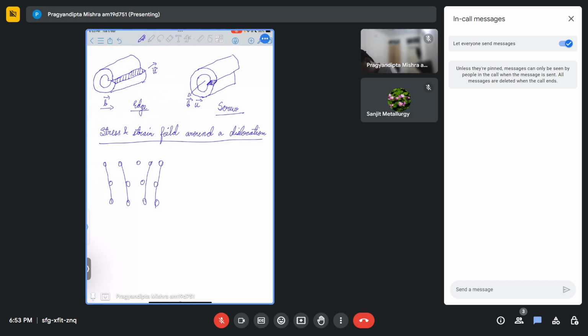So now there is a dislocation present here, right? In an edge dislocation, what has happened due to that dislocation? We have an extra half plane here on top of the dislocation, but on the bottom, we don't have that extra half plane.